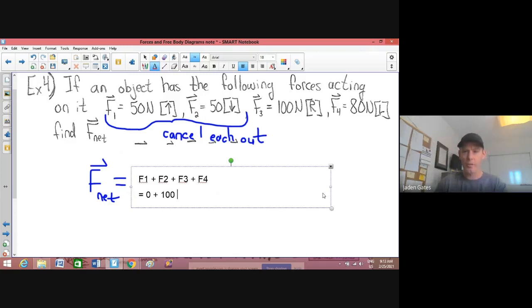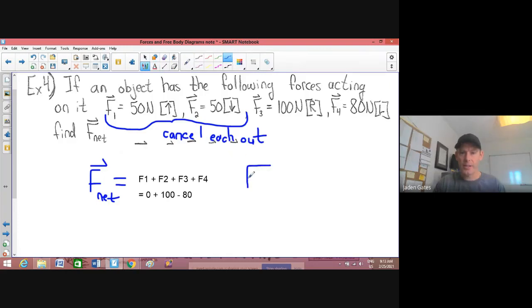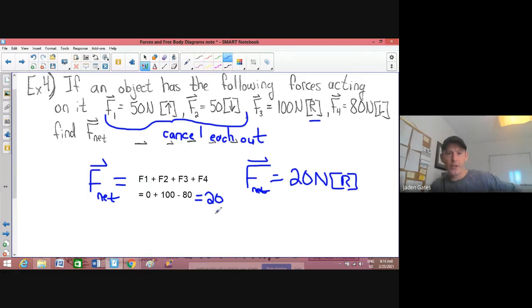So I have a positive 100 minus an 80. All right, and so in this case, I can figure out that F net, again, magnitude and direction, I have 100 minus 80 is 20. And again, in this case, I said positive was right. So our net force is 20 newtons to the right. And that is our net force.